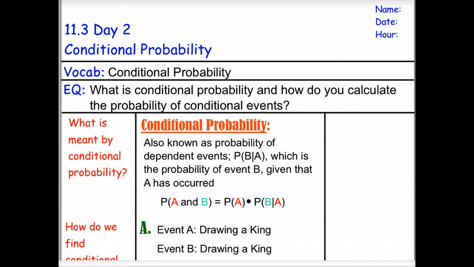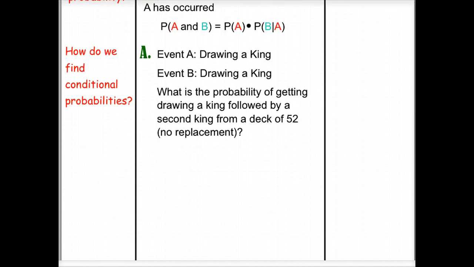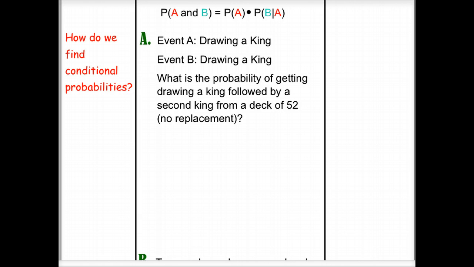So if we look at our first example, we have here event A being drawing a king from a deck of cards and event B drawing a king from a deck of cards. So we want to know what is the probability of drawing a king followed by a second king from a deck of 52 cards where there's no replacement. Because there's no replacement, that means that this is dependent.